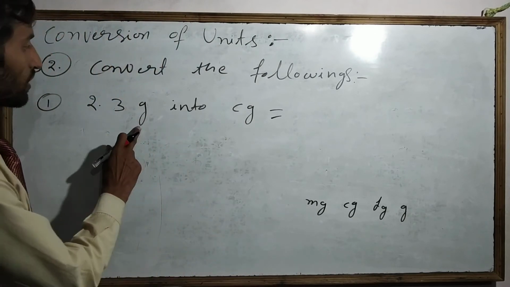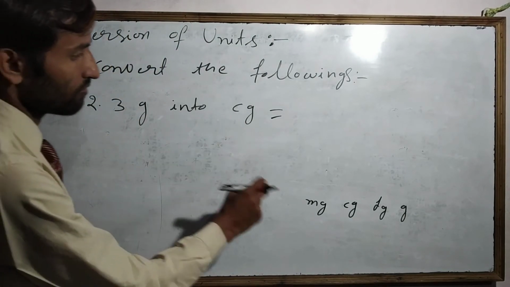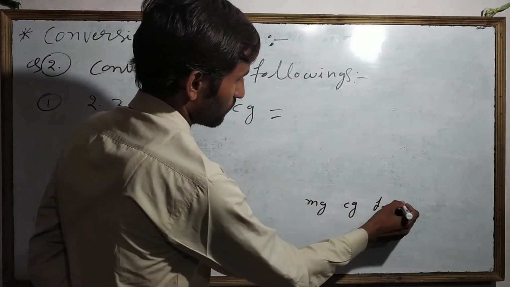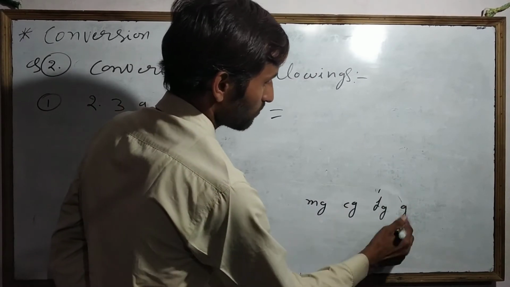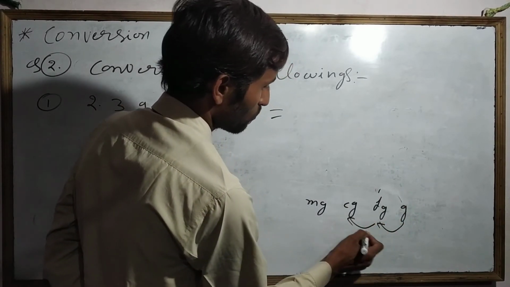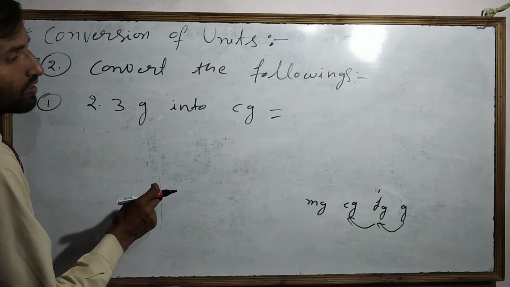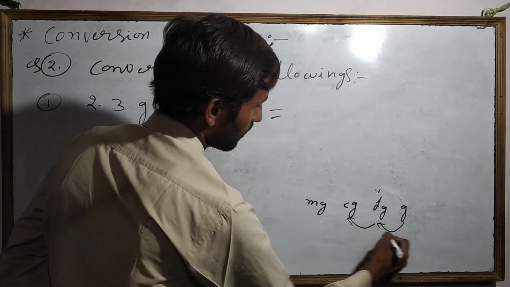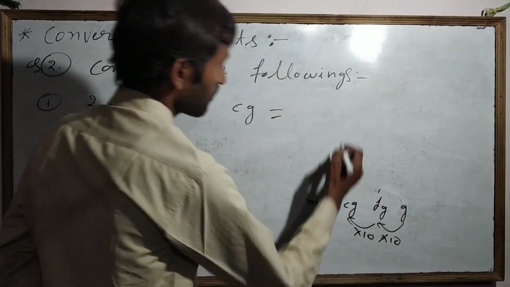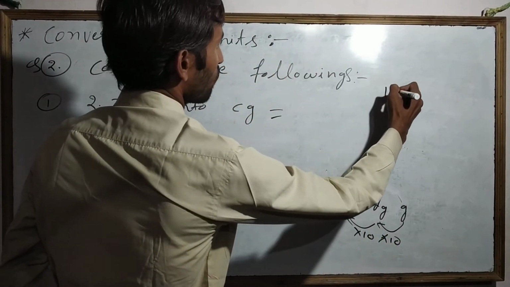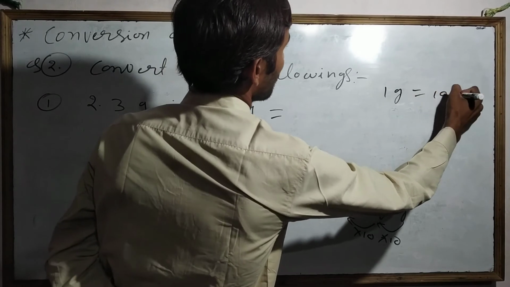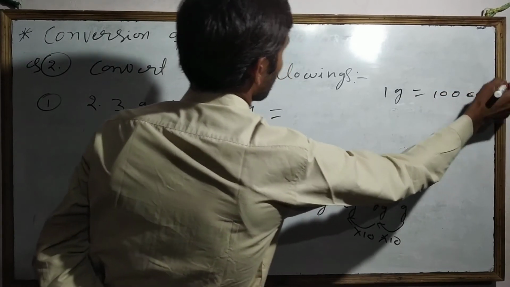So just you see here gram and this one is centigram. So from this side to this side we will come. So 2 gaps are there, then we have to multiply by 10, again 10, here also 10, means 100 will come. Just you can remember here 1 gram is equal to 100 centigram, Cg.